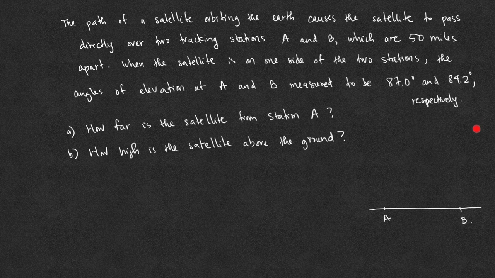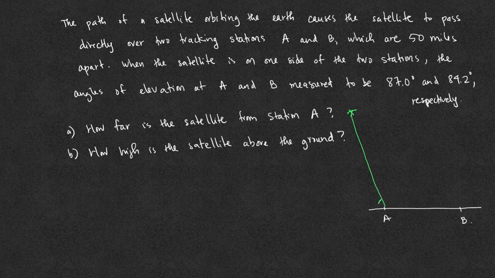If we were to draw it on the right-hand side of B, looking up, the angle of elevation at B is larger than the angle of elevation at A. Because of this, we will need to put the satellite on the left-hand side of A. We then draw a straight line from A to the satellite.